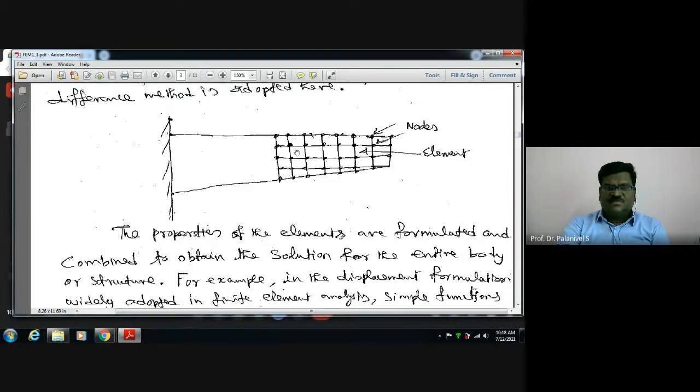Shape functions are chosen to approximate the variation of displacement within an element in terms of the displacements at the nodes of the element. That's what. So this way we choose the shape function. So shape function is very important.